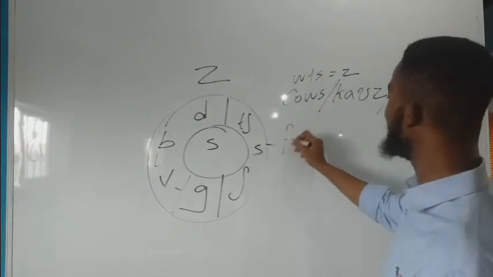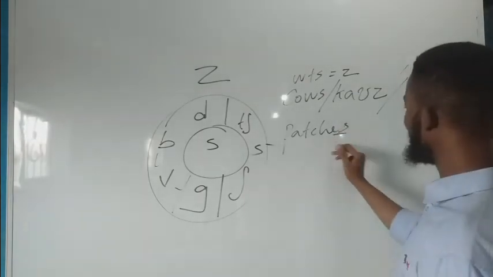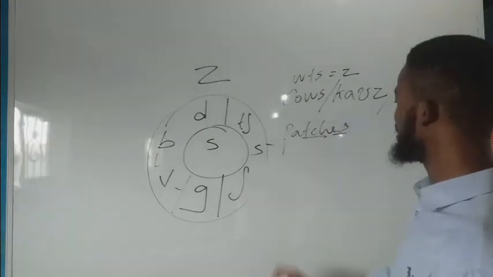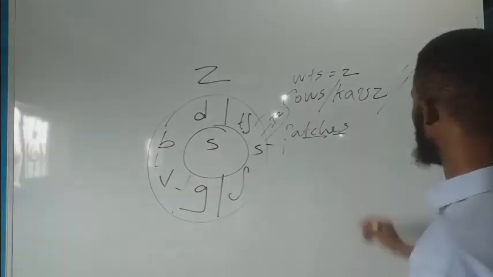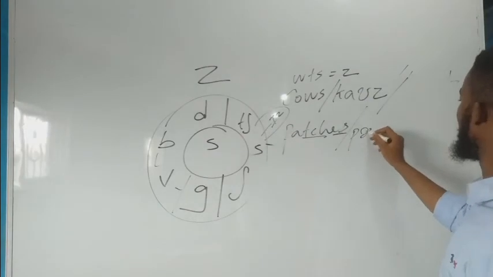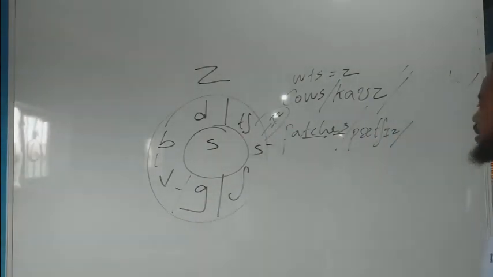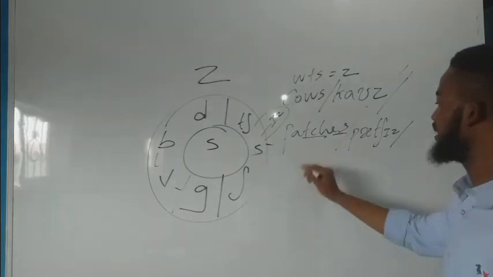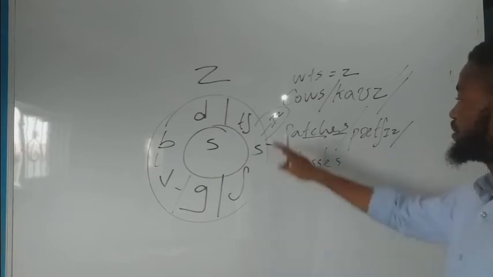If I have P-A-T-C-H-E-S, you see, this is E-S coming after ch. It's going to give us I-Z, like I brought out the other time. This is going to be pronounced as patches. If I have S here, K-I-S-S, and I have E-S after it, it's going to give us I-Z.